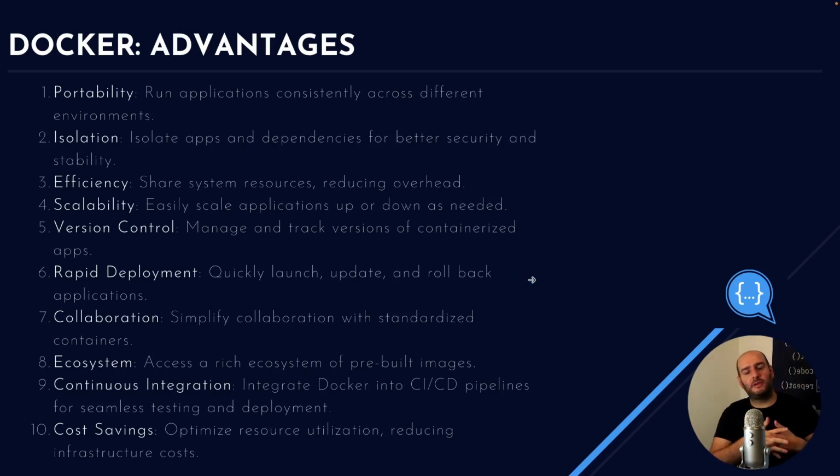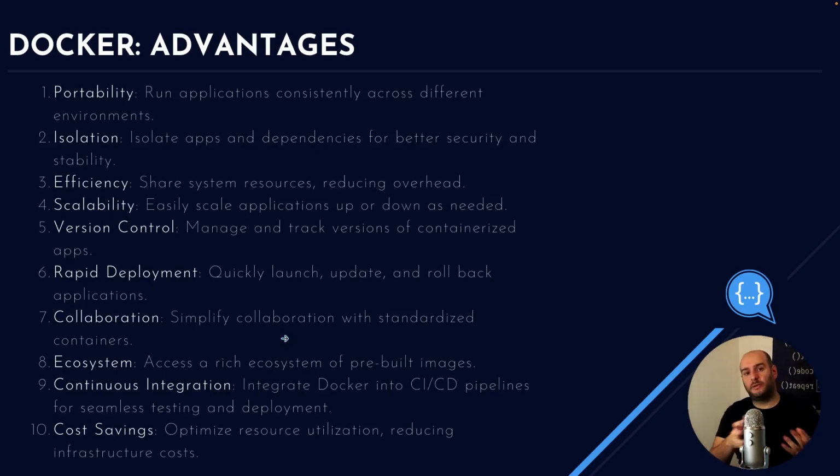As I said, it's really easy to launch an application because you don't have to download all the dependencies. You run everything with the Dockerfile, or you have the image, or you can use Docker Compose, which is a more powerful tool to combine multiple images and create your own stack.